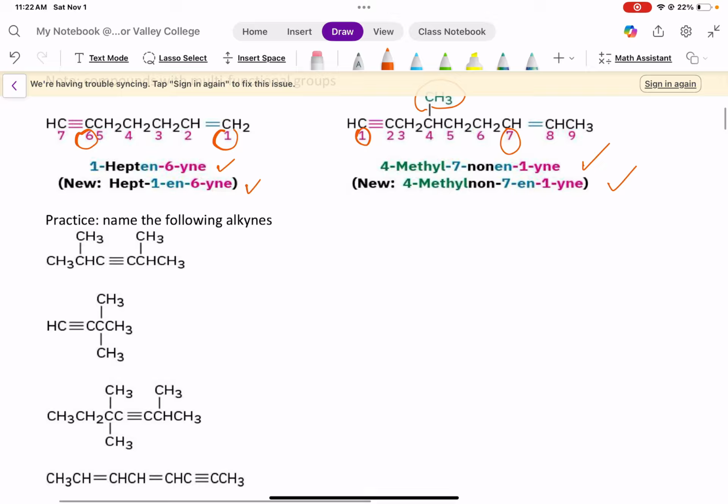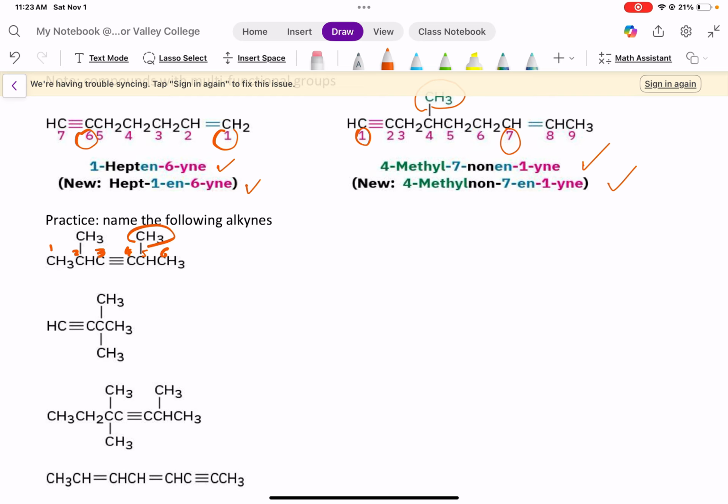So now, your turn. How do you name the following? Okay, well, this one is symmetrical. It looks like a symmetrical molecule to me, so it doesn't matter if you go from left to right or right to left. You end up with the same numbering, right? 1, 2, 3, 4, 5, 6.